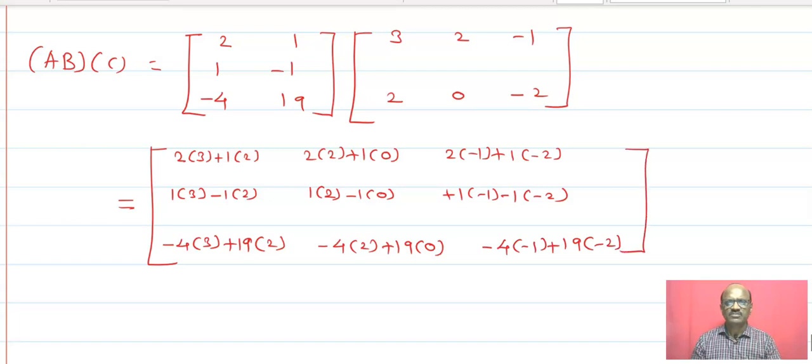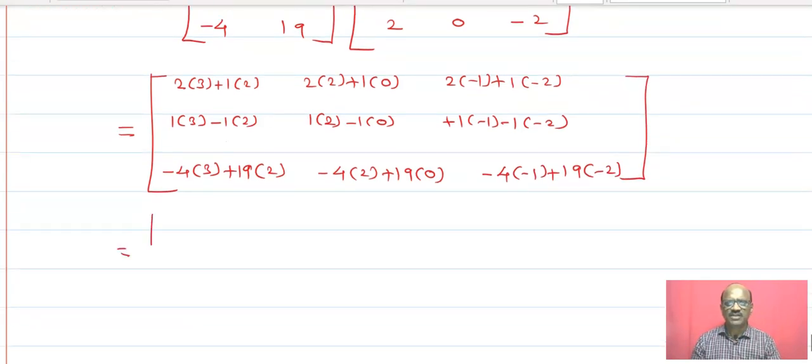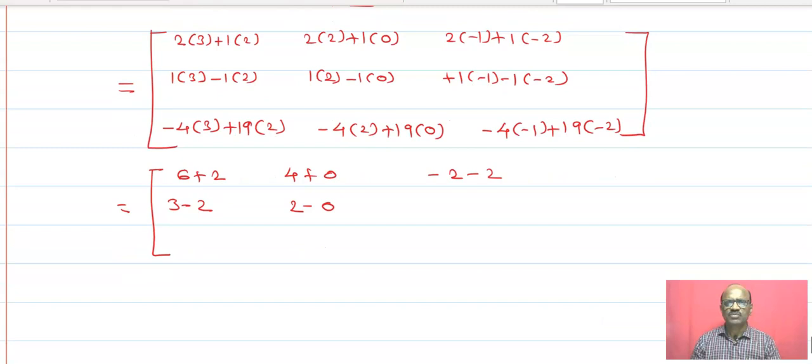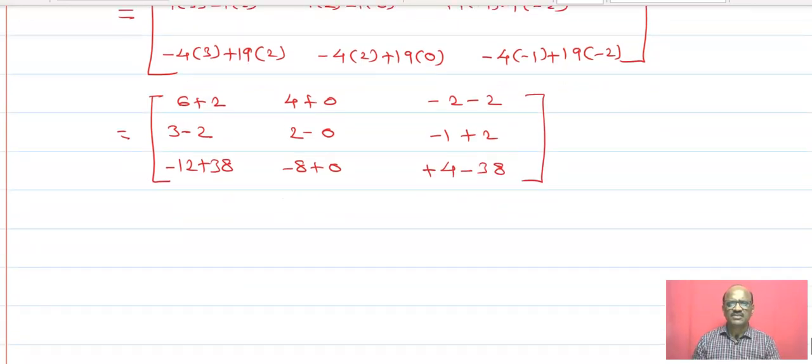You can stop this video and see how the multiplication is carried out there, and then perform it. Now the multiplication is 6 plus 2, 4 plus 0, minus 2 minus 2. Next is, and third row is minus 12 plus 38, minus 8 plus 0, 4 minus 38.